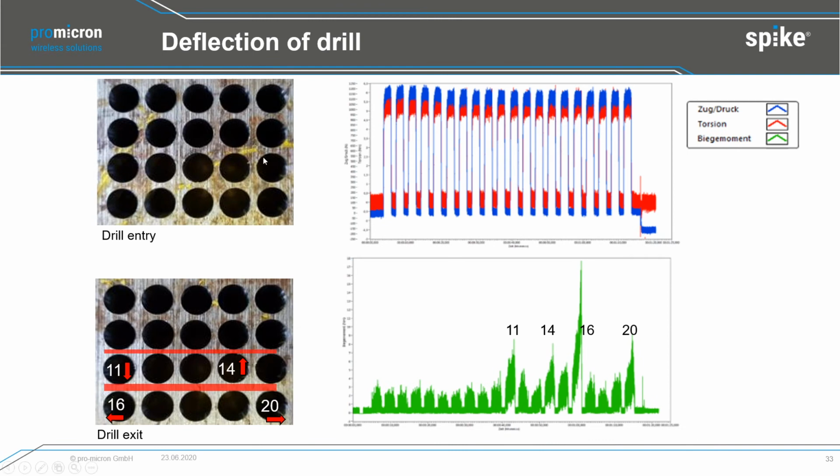But as I also had a customer, he said, I have a high volume production with tapping, and my biggest problem is suddenly the tap is breaking. This customer asked us to show something about tapping and the potential of Spike, how to solve the problem.